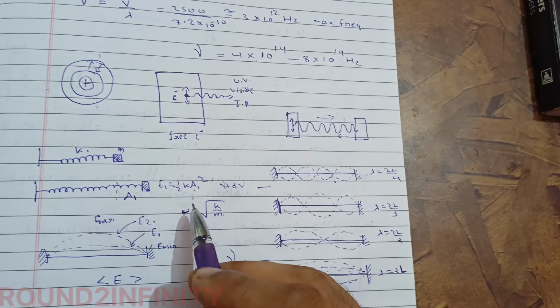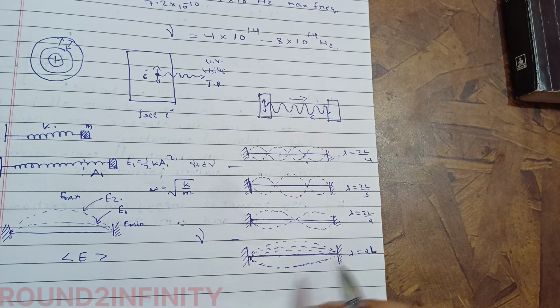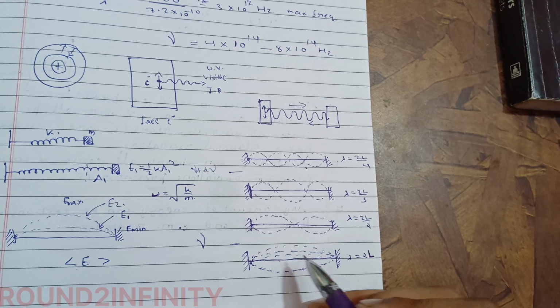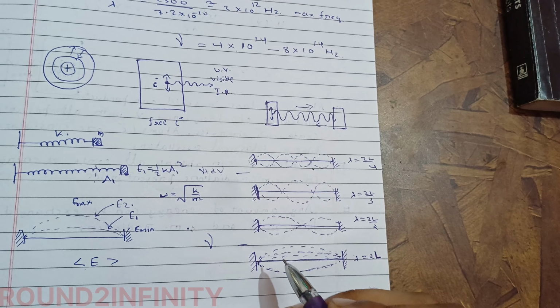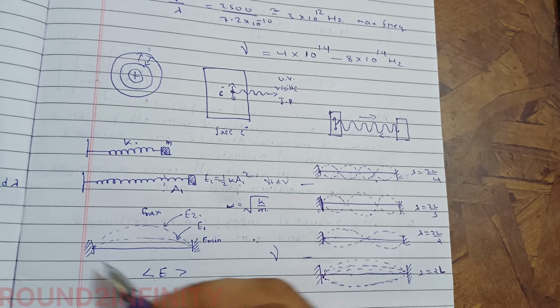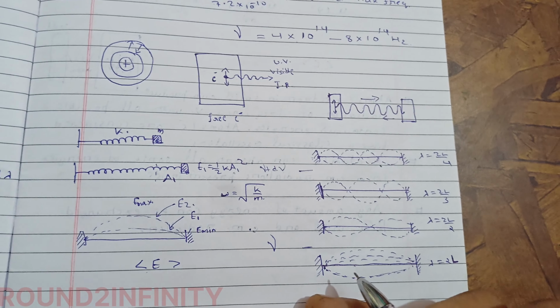So what does this show? This shows that in this single mode, with the same frequency or same lambda, all possible energies are possible. It can oscillate with E1 energy, with E2 energy, so it can oscillate with any amount of energy. So how is that possible?